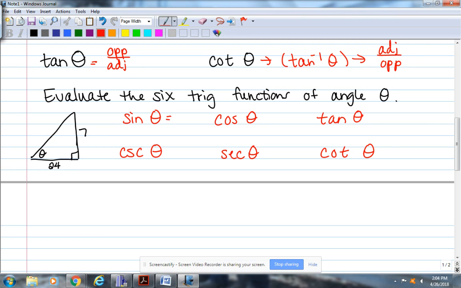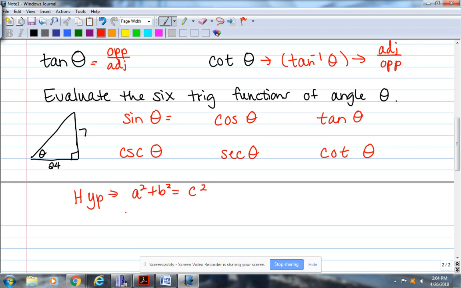Can we get our hypotenuse? Yeah, using a squared plus b squared equals c squared.